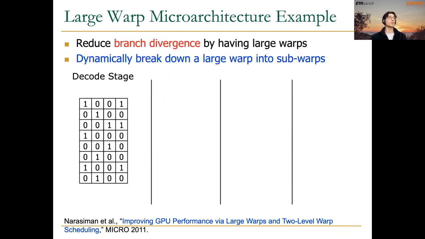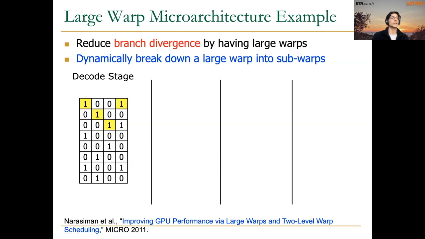For the branch divergence idea, it resembles the previous idea, but in this case, it's creating large warps from smaller warps. So for example, imagine that here the warps are of size 4. This is, let's say, the bit mask for warp 0, this is the bit mask for warp 1, this is the bit mask for warp 2, and so on.